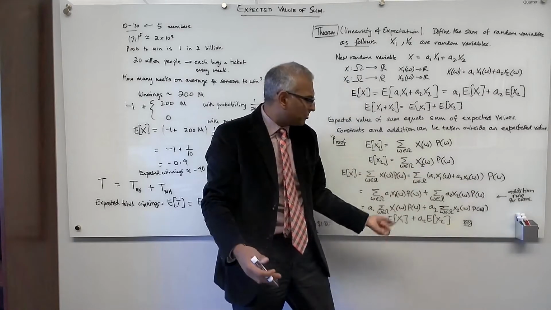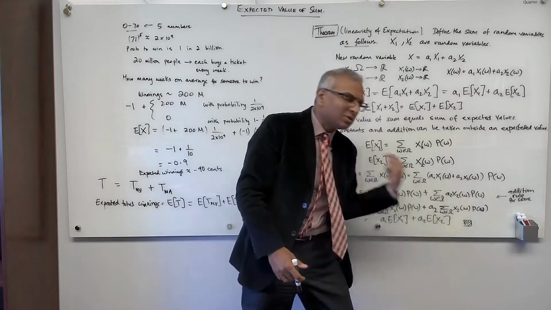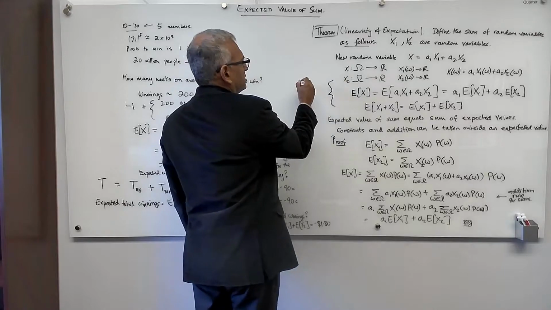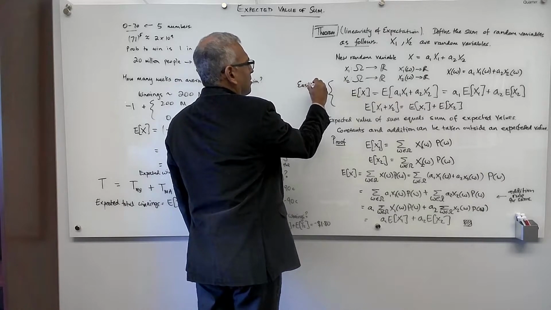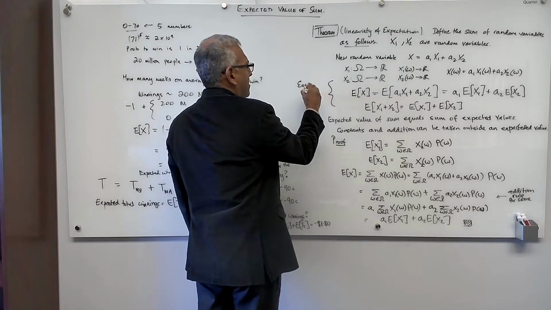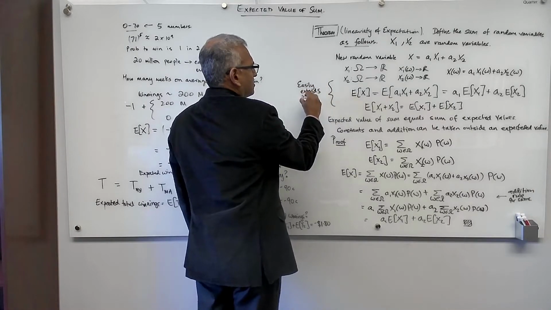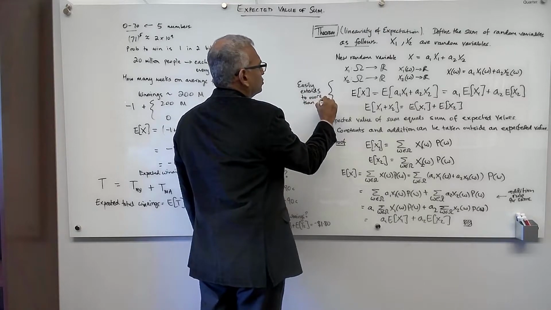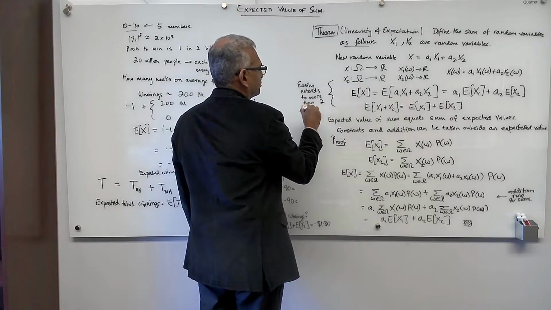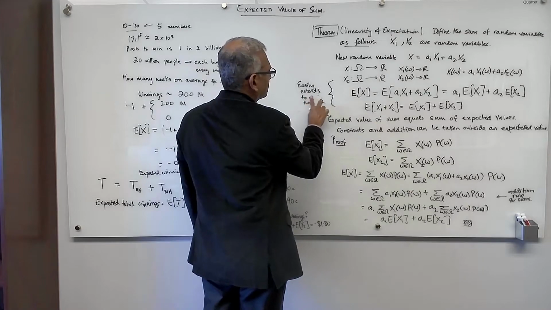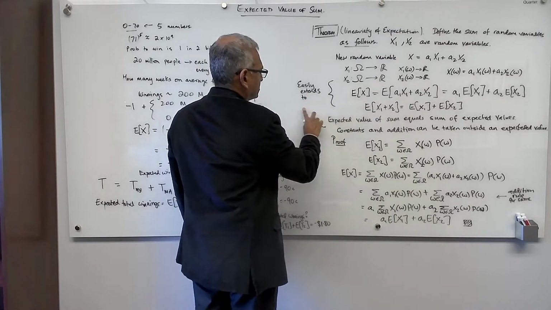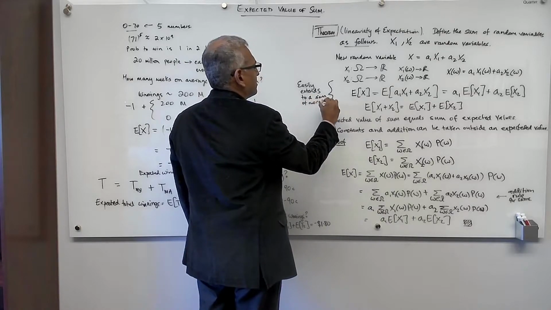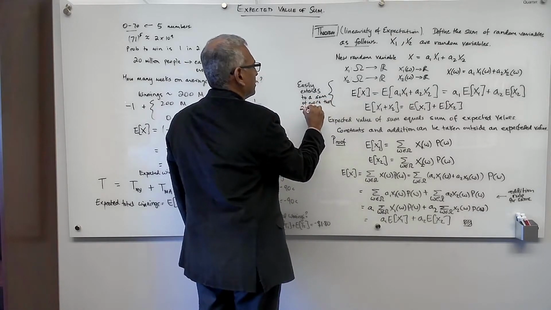I can break them all apart and get individual sums, and then I'll get individual expectations. So this easily extends to a sum of more than two random variables.